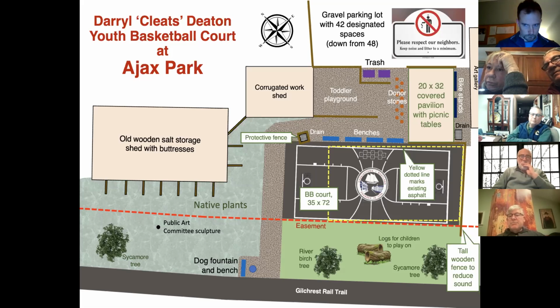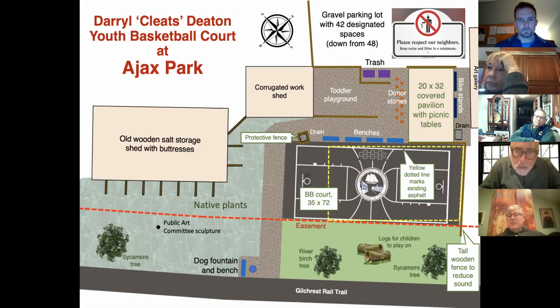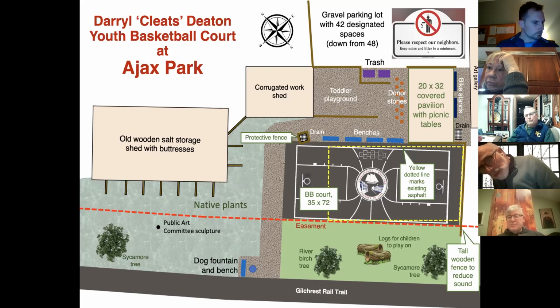We moved the pavilion from the left-hand side of the parking lot over closer to the art gallery, because that way it can serve as a sound buffer for some of the noise coming from the toddler playground and the basketball court. The tall wooden fence to reduce sound is still there. So between the fence and the pavilion, hopefully it'll have a minimal impact on surrounding properties.